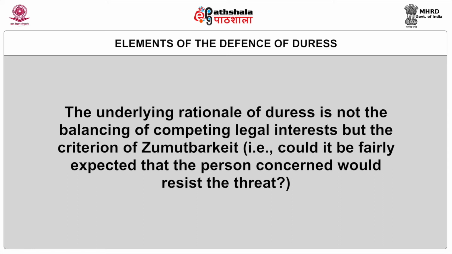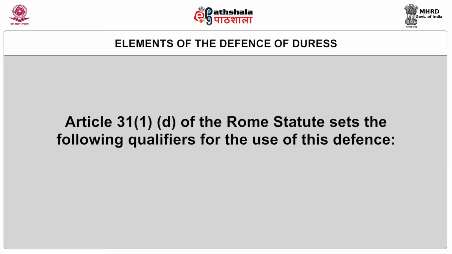For duress, the underlying rationale is not the balancing of competing legal interests, but the criteria of Zumutbarkeit. That is, could it be fairly expected that the person concerned would resist the threat? Article 31(1)(d) of the Rome Statute sets out the following qualifiers for the use of the defense of duress.